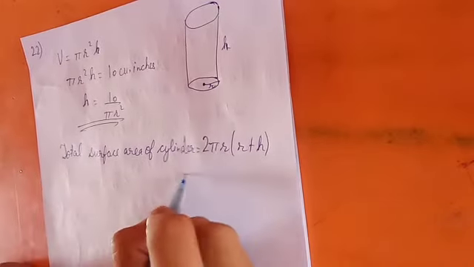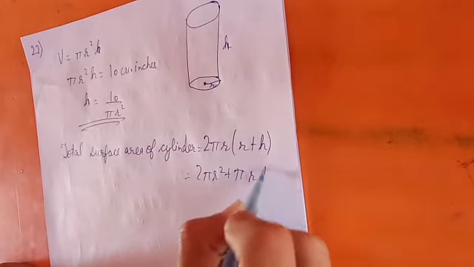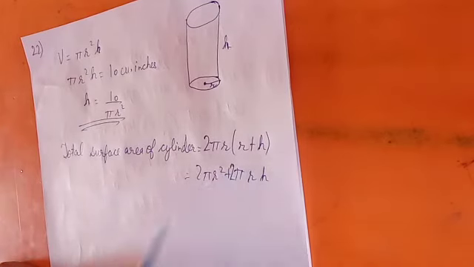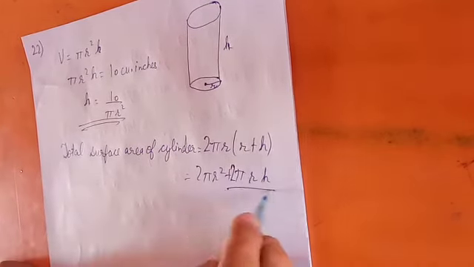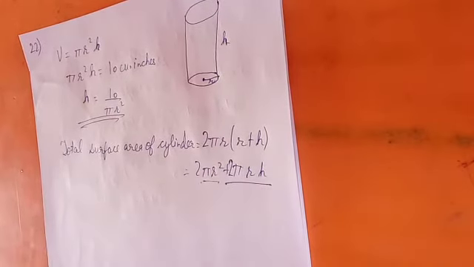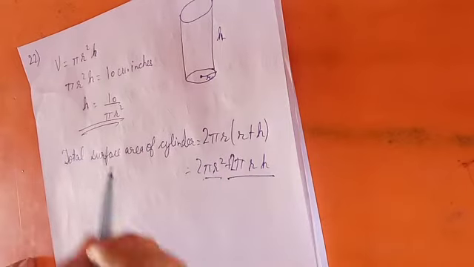So this can be written as 2 pi r square plus 2 pi r h. 2 pi r h is the curved surface area of the cylinder, and pi r square is the surface area of each circle at its ends. Okay, so it will be total this. Now it should be minimum, so we can say that it is our S.